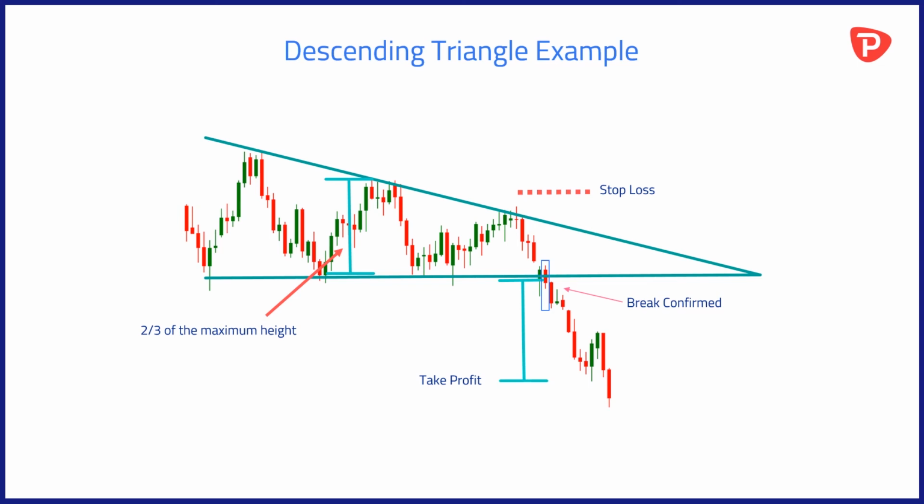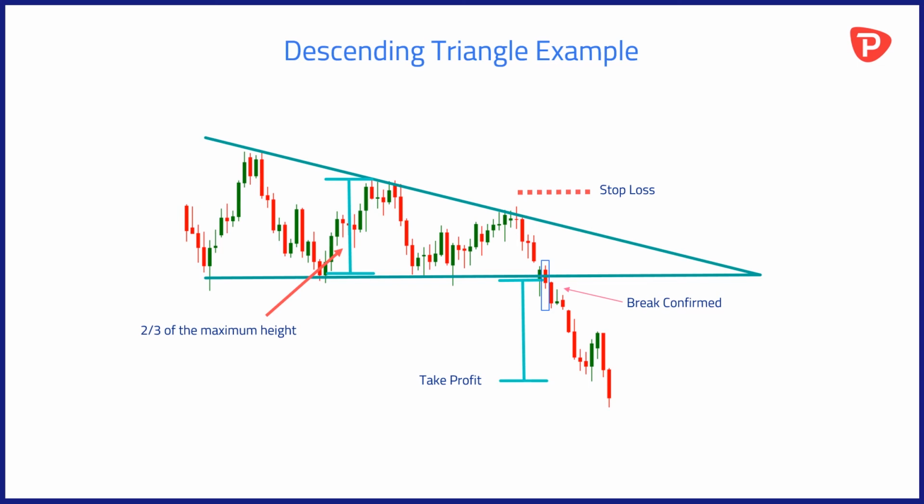The pattern that we can see on the screen is a good example of the price filling out this descending triangle quite nicely. The reason for this is because when price is touching the upper and lower boundaries of the triangle formations, each touch represents price respecting the support and resistance, which is essentially all a triangle formation is.